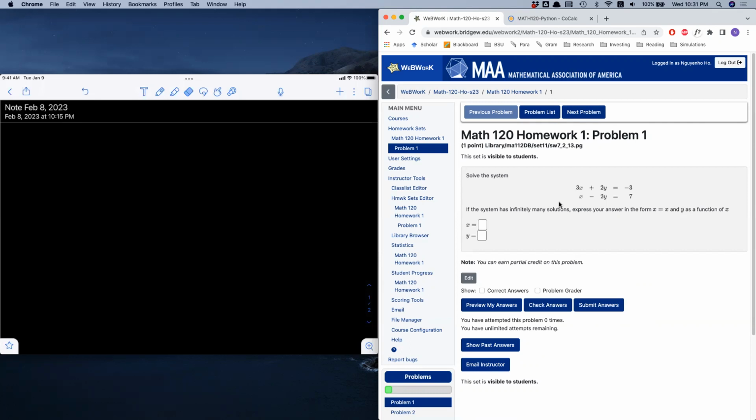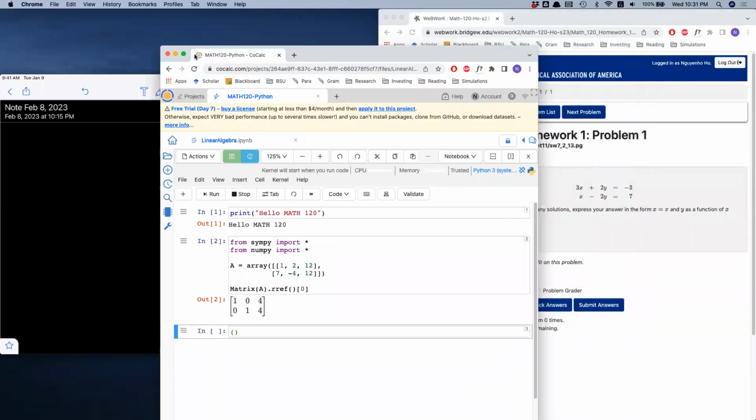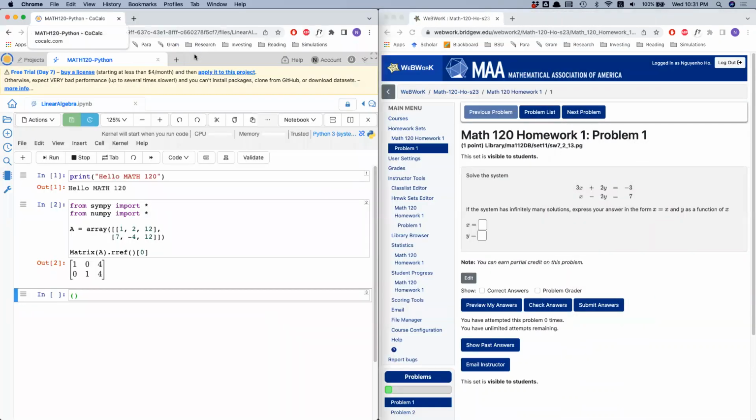You can solve this problem by hand, or, as we have done so far in class, we can also use Python code to help with the calculation. So I'm going to modify the code that we have in class for problem 1.